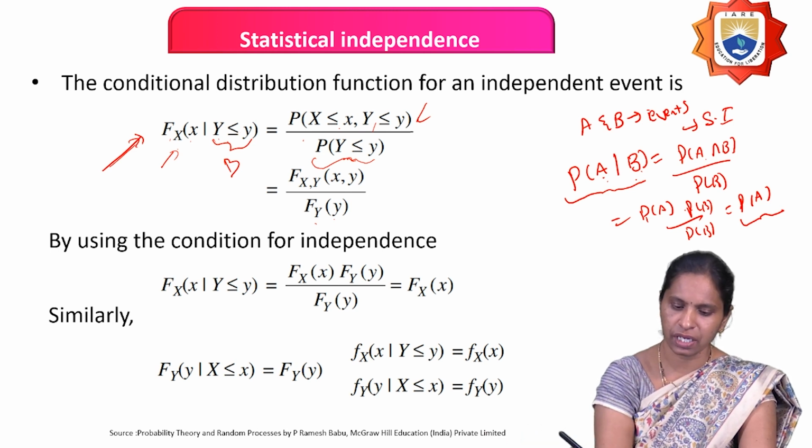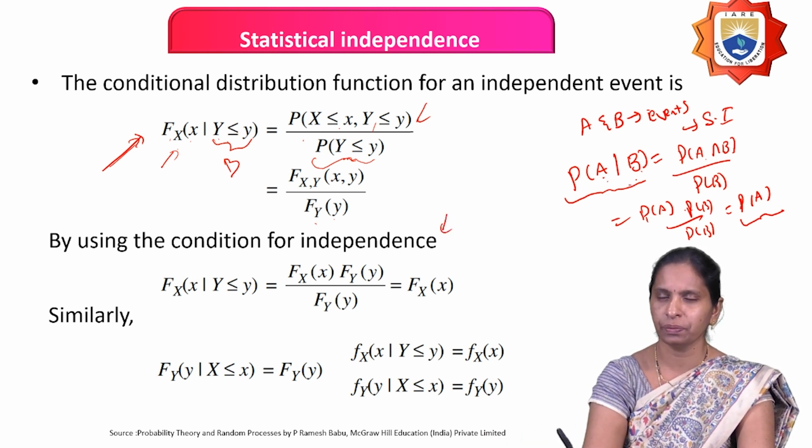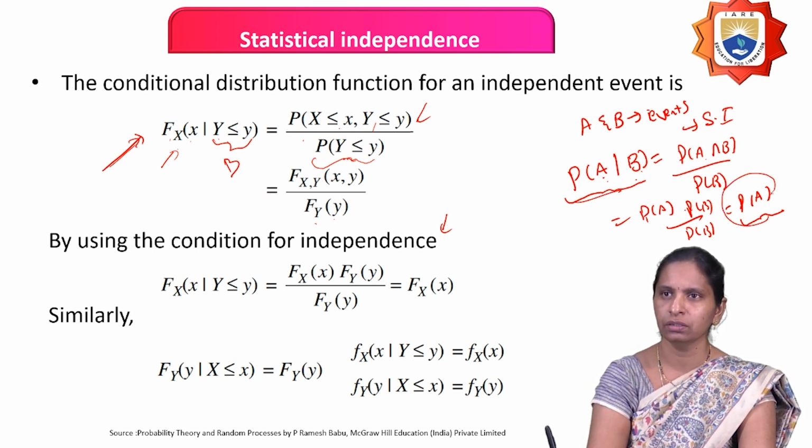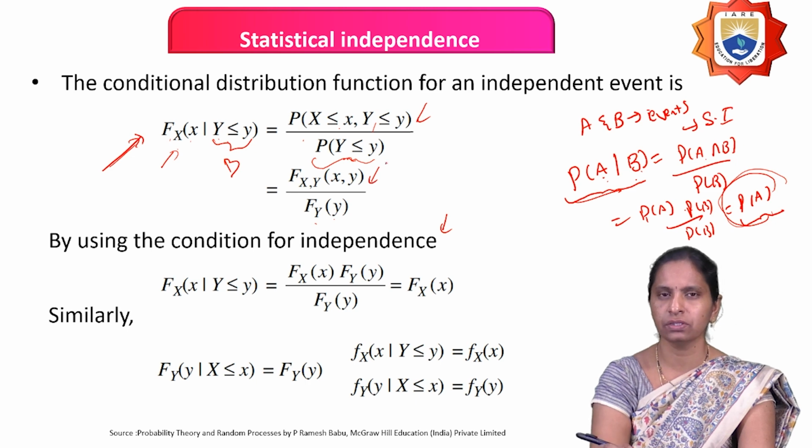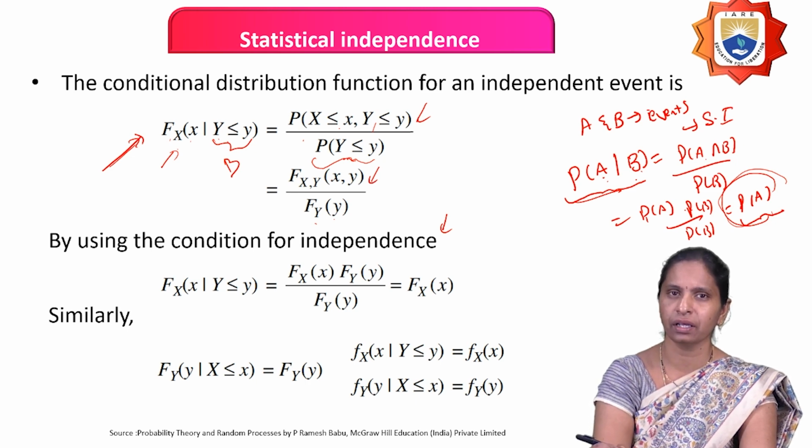And then what is the condition for independence? P of A by B equals P of A only. This is for what? The conditional probability equals the probability of the event itself. And similarly, what is the condition for the joint distribution function if x and y are independent?